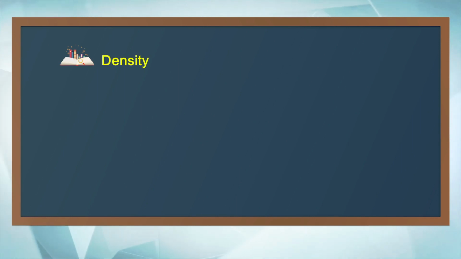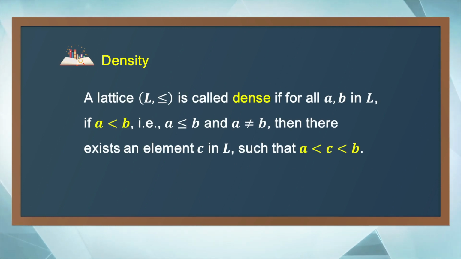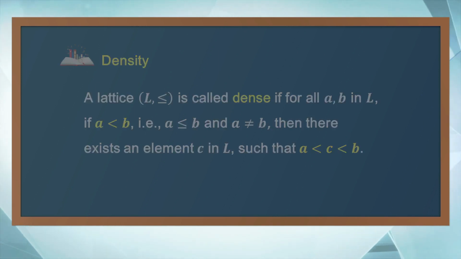Next, the definition of density of a lattice. A lattice is called dense if A is less than B, then there exists an element C in L such that A is less than C less than B.